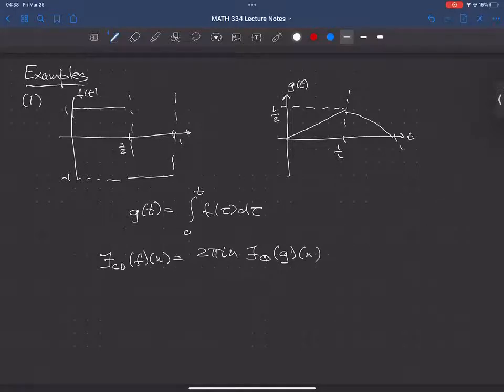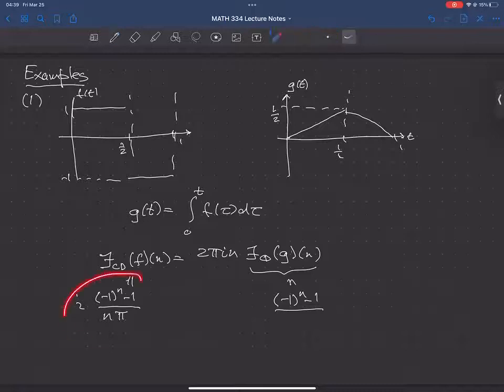Last time we calculated this to be -1 to the n minus 1 over n pi i, and this one we calculated to be -1 to the n minus 1 over something else.